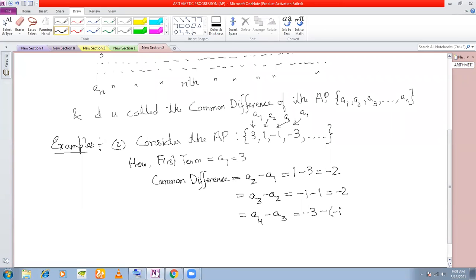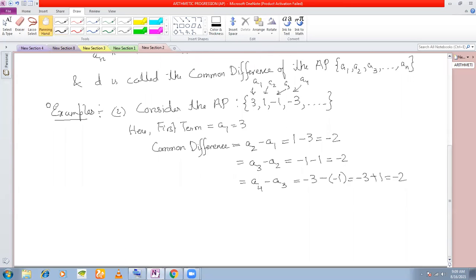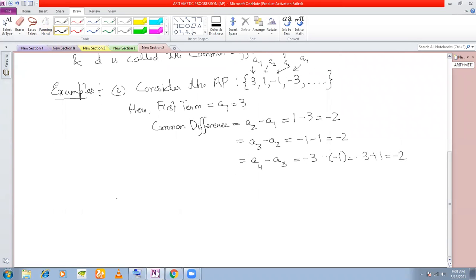So minus 3 plus 1 becomes minus 2. Okay. So A1 is the first term, 3, and common difference is minus 2. So if I give you a set of numbers in AP, then you can easily find out the first term and the common difference. Let us take another example.